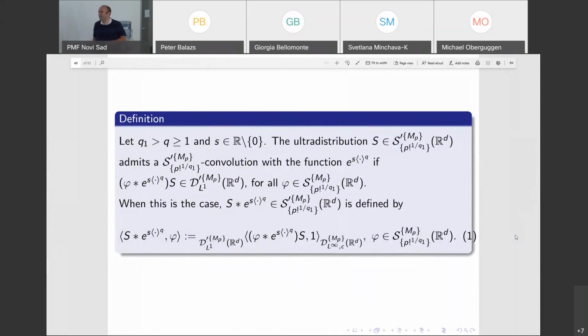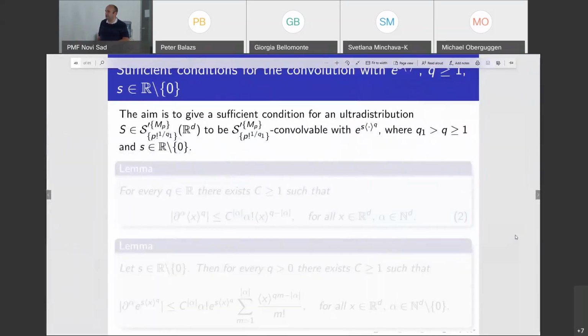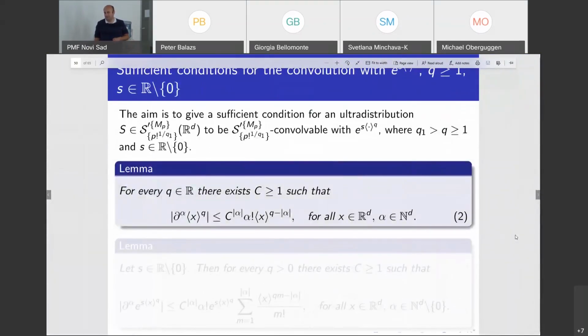Okay, and then we start with some sufficient condition for the convolution with this type of kernel. For the sufficient condition, we need to be as precise as possible for derivatives of the kernel. So we start with the lemma for derivatives.